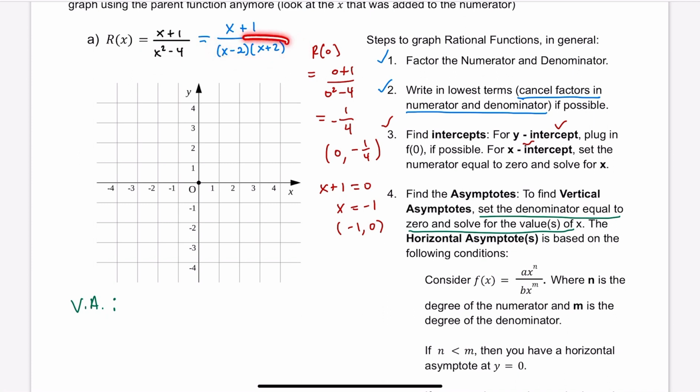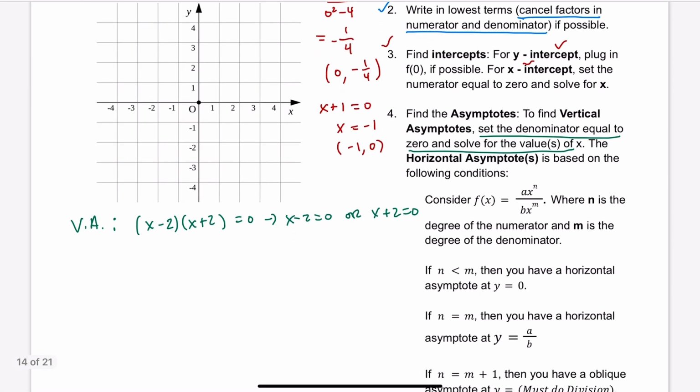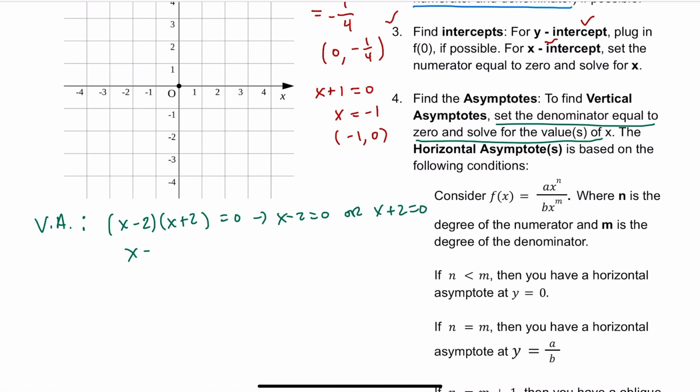But because this is already in factored form, to me it's going to be the easiest. So x minus 2, x plus 2 equals 0. And that leads to x minus 2 equals 0, or x plus 2 equals 0. Okay. So then your actual vertical asymptote is literally x equals 2, comma, negative 2.